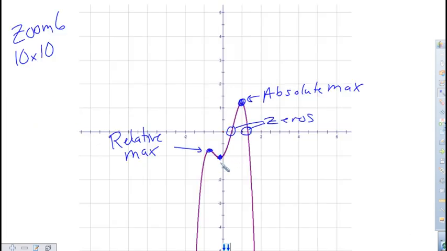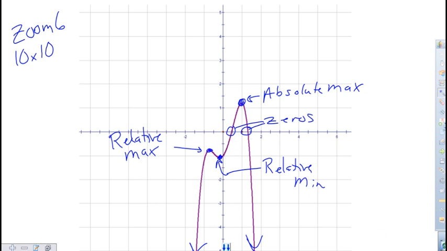Label our relative max, relative min here. Relative min. And then there is no absolute min because these guys keep going on forever and ever, all the way down to negative infinity. So I've got 1, 2, 3, 4, 5 critical points.